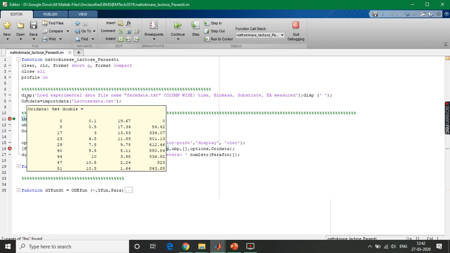I just started it. So original data is first column is with time, second one is with biomass, third one is for substrate, and fourth one is some enzyme activity produced. So these are the four columns, these are our experimental data.